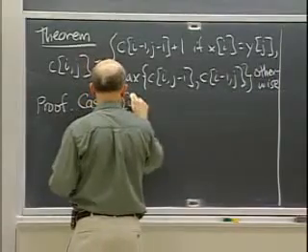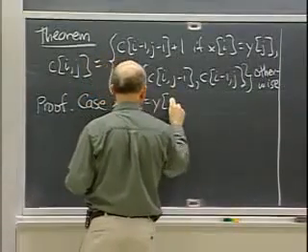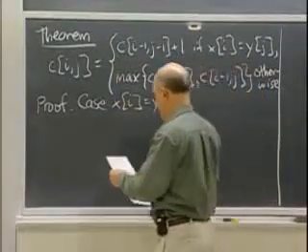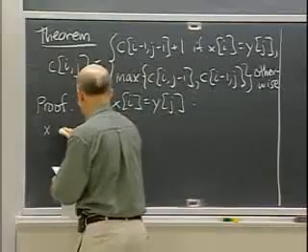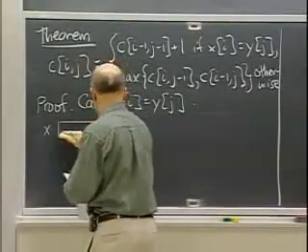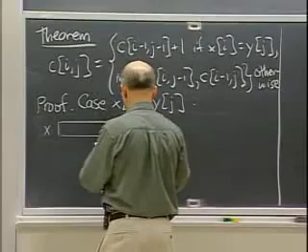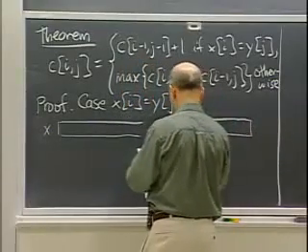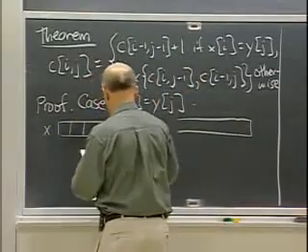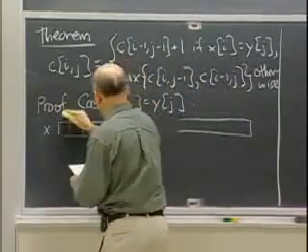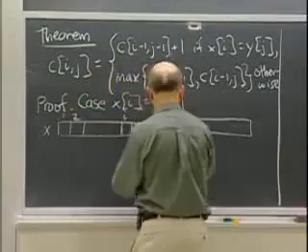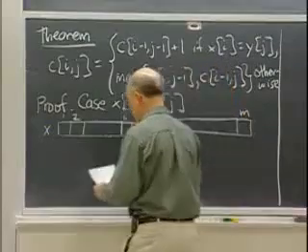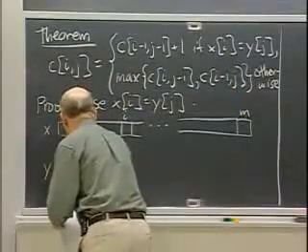So we'll start with a case where x of i equals y of j. And so let's draw a picture here. So we have x here. Here's y.